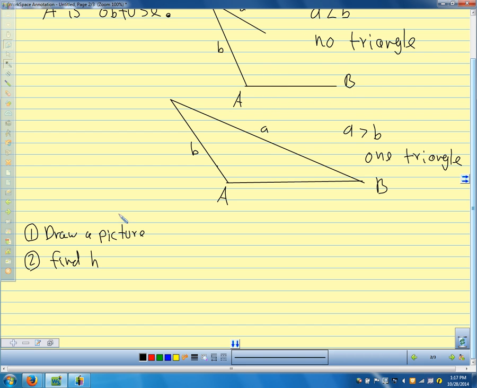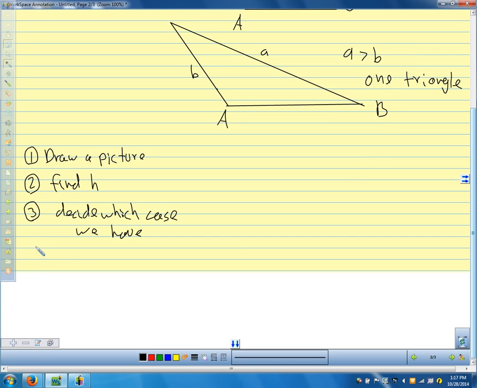There's only two possibilities. We want to find H, and depending on A, B, and H, we decide which case we have. And then we use the law of sines.